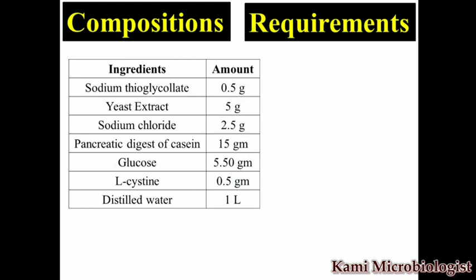Next, the composition of this media. Remember, these are the main composition of this media. This media contains sodium thioglycolate 0.5 gram, yeast extract 5 gram, sodium chloride 2.5 gram, peptic digest of casein 15 gram, glucose 5.5 gram, L-cysteine 0.5 gram, and distilled water 1 liter.